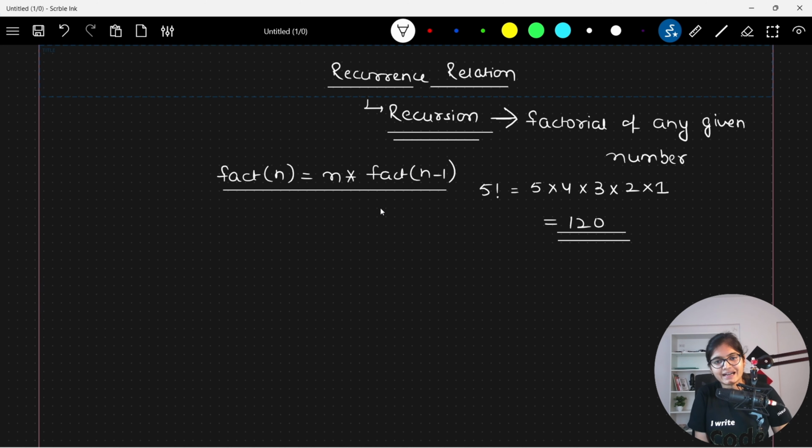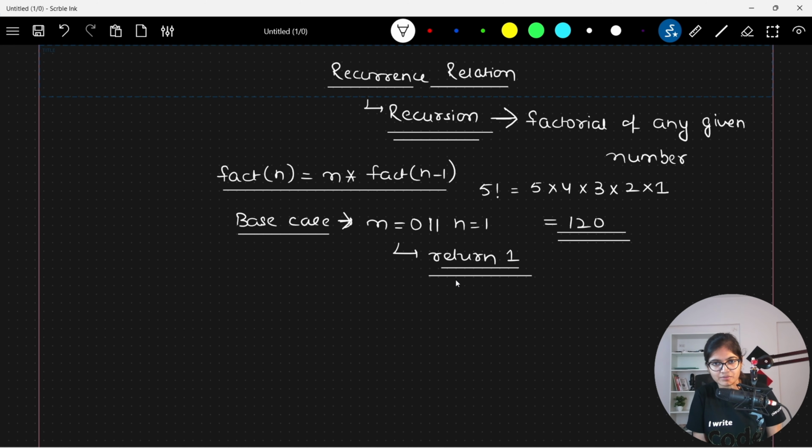The base case, which is a case where my code will terminate, is where I will say that when the value of n reaches 0, or when the value of n reaches 1, you can just return the answer as 1.